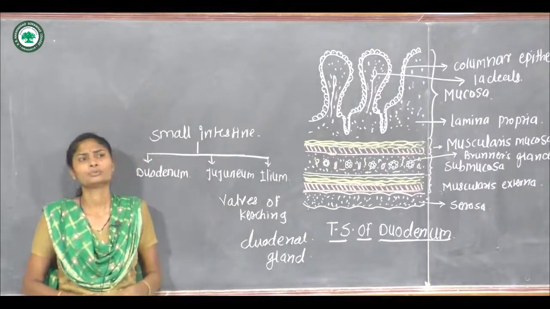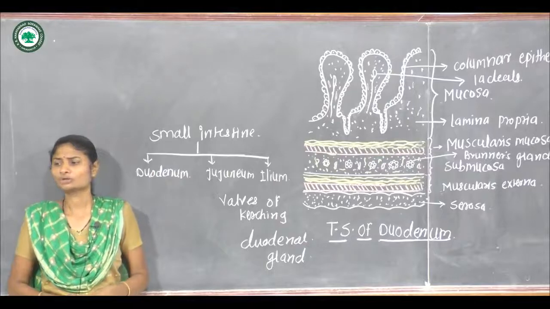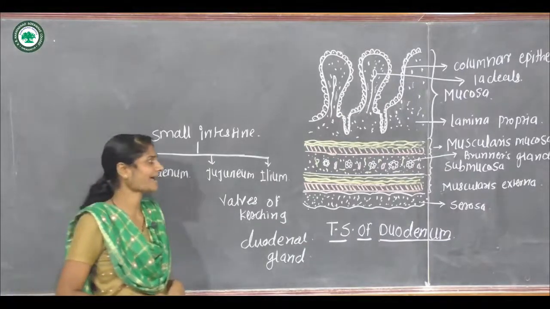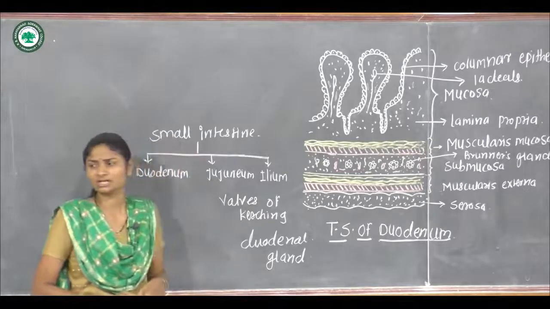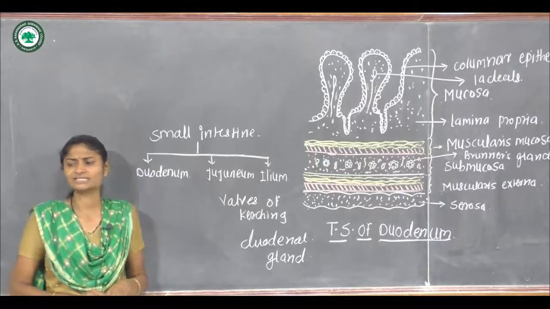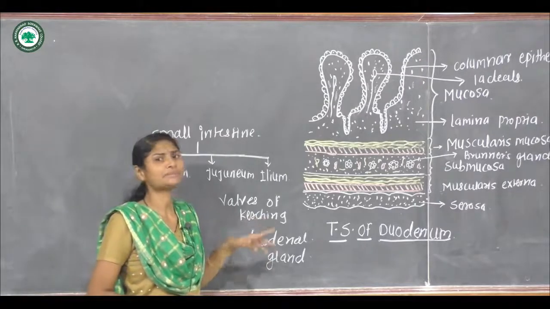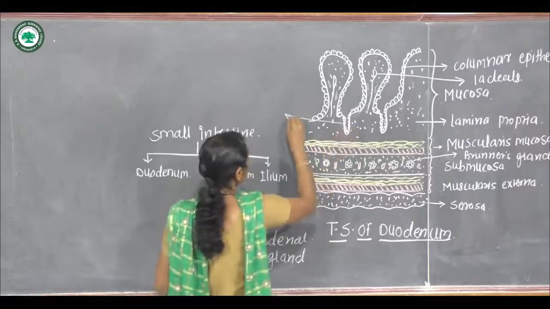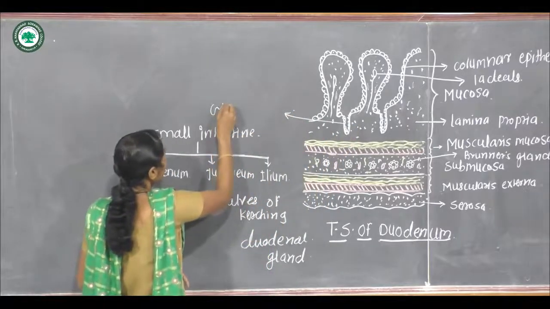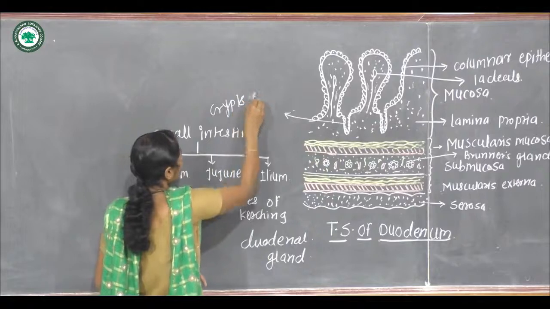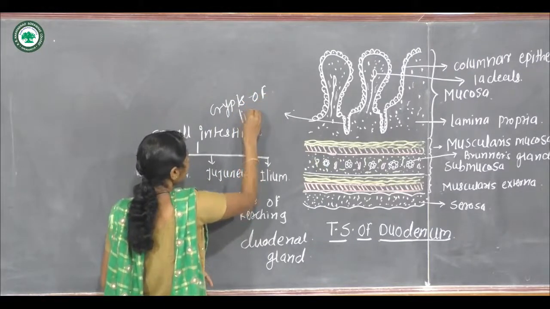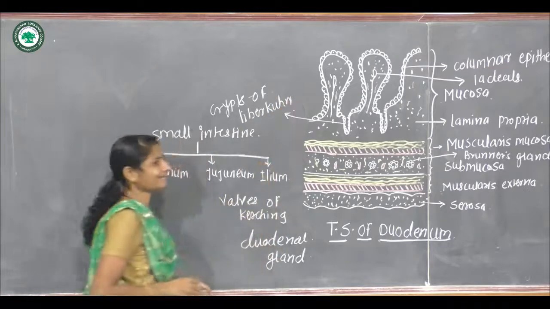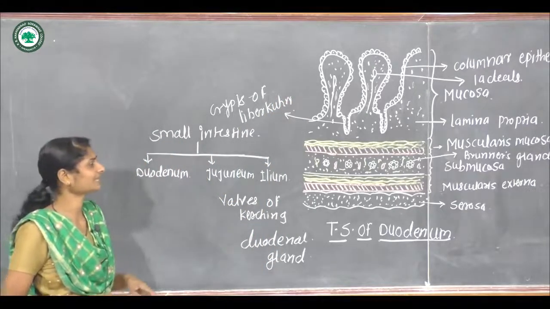It has a lot of villi for absorption and also has invaginations. These invaginations are called crypts of Lieberkuhn, also called intestinal glands.